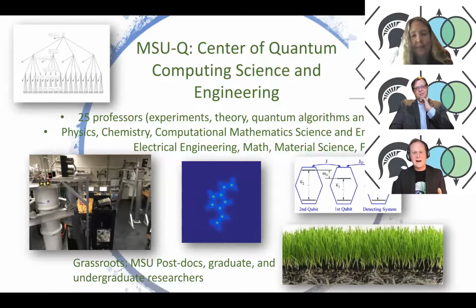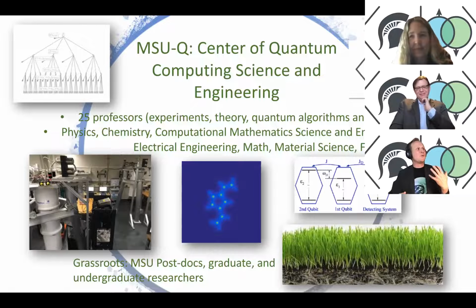There are about 25 faculty at MSU that are a part of this center, and they're working on all kinds of parts of quantum information science and quantum computing: experiments, theory, developing quantum algorithms, trying to understand the applications of those algorithms to problems in chemistry, nuclear physics, data science, all kinds of things. So you can imagine this is a pretty complicated problem, right? I'm a physicist. I don't know anything about data science.